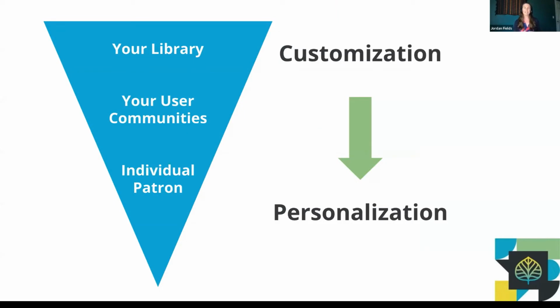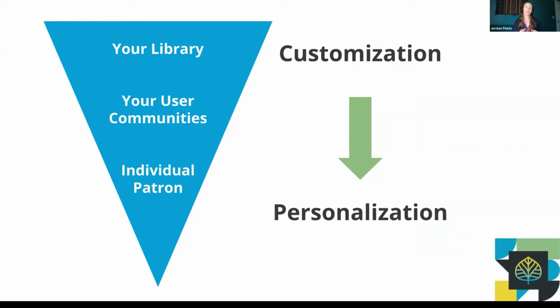Before we get started looking at all of the different sites, I do want to quickly go over maybe the difference between customization and personalization. We're going to be starting today talking about what you can do to make Aspen look and feel and have the branding for your library. So really high at that library branding level, the customization. Then we're going to go into customization for your user communities.